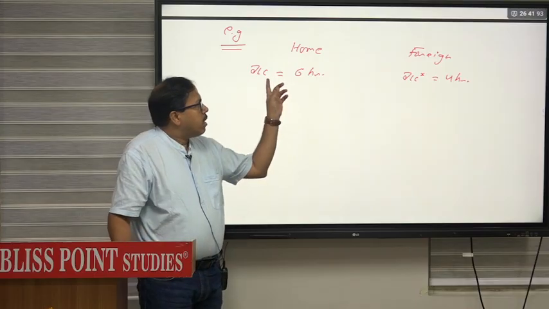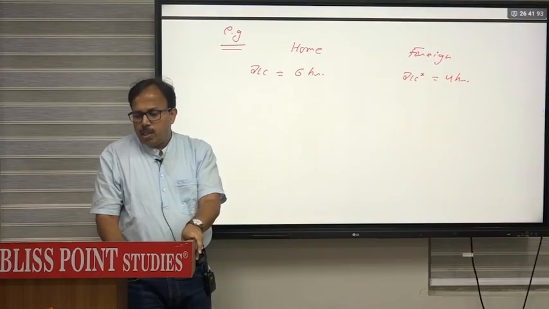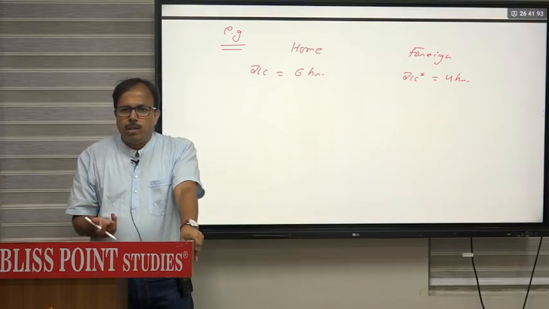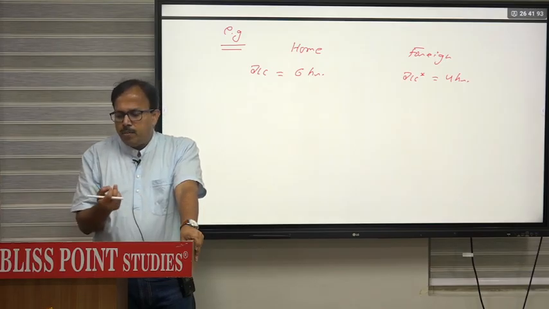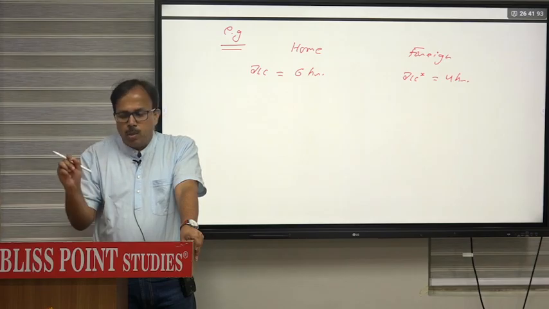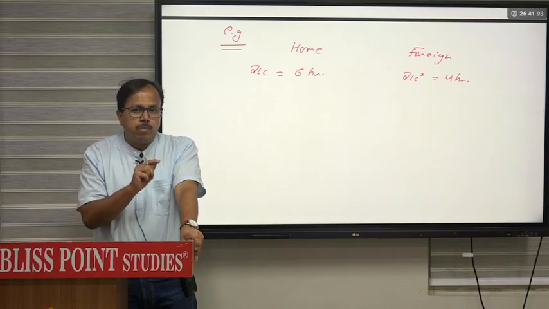So just by comparing these two numbers, what can we say? ये यूनिट लेबर रिक्वायरमेंट है. एक यूनिट चीज़ को होम कंट्री में प्रोड्यूस करने में 6 आवर है, फॉरेन कंट्री विल टेक ओनली 4 आवर. So you can say that foreign country has absolute cost advantage in producing cheese. Absolute. We are referring to only one product here.